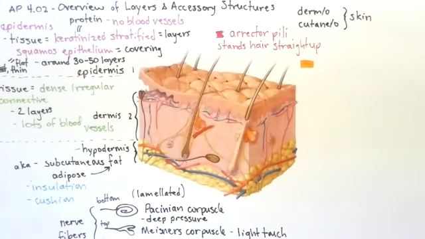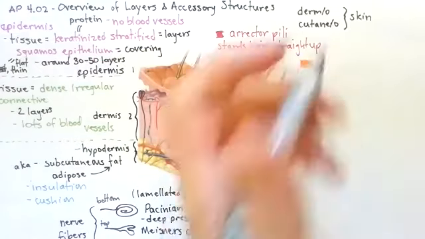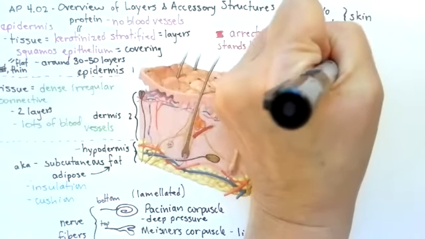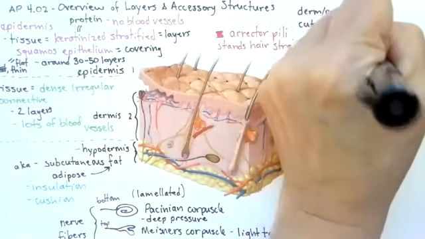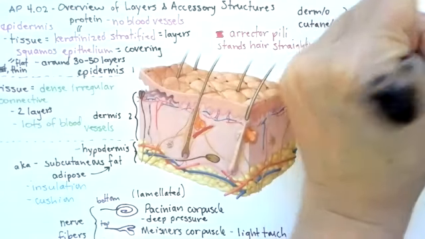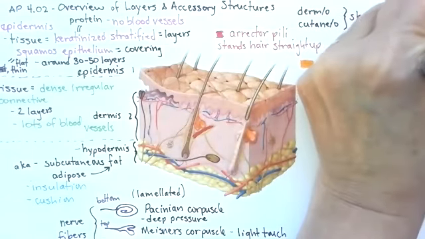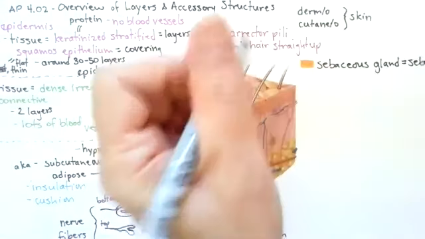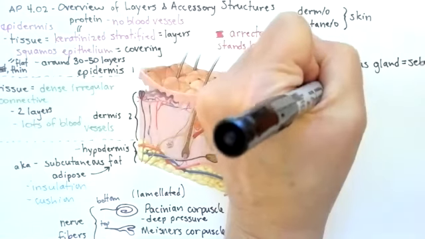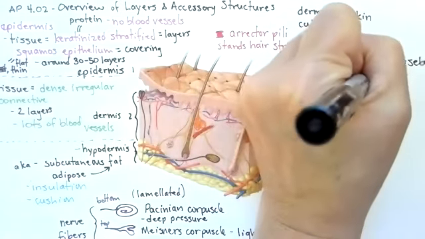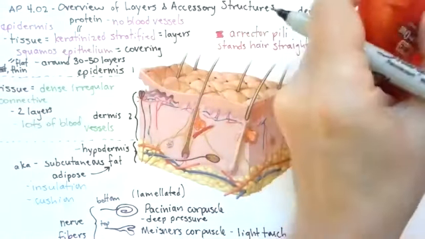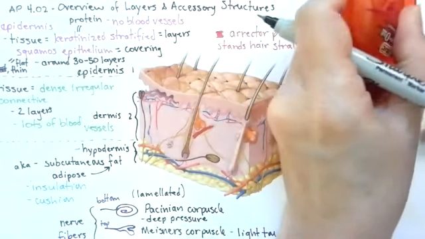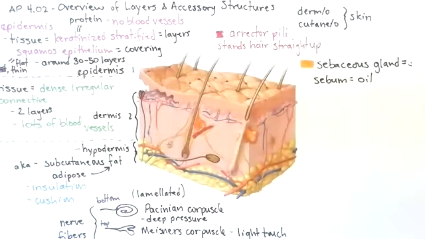So what I have here is a sebaceous gland. A sebaceous gland produces sebum, which is oil. And notice it's associated with a hair shaft or a hair follicle.